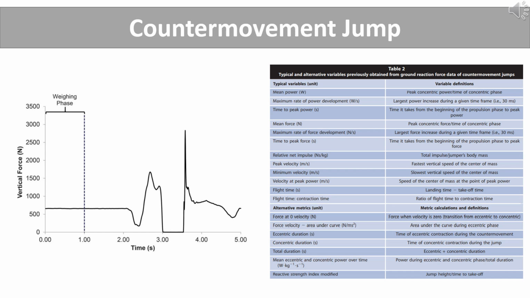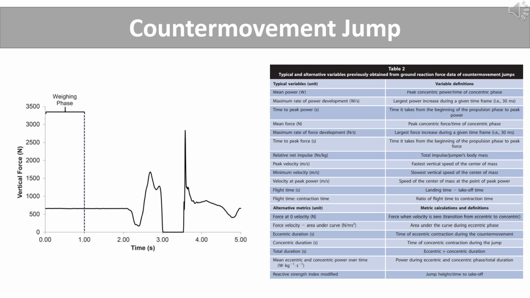Now, I've also included a table from an article in the NSCA Strength and Conditioning Journal by my colleague Shyam Chavda, which outlines some of the typical and also alternate type of variables or metrics that we can get if we do testing on a force plate.